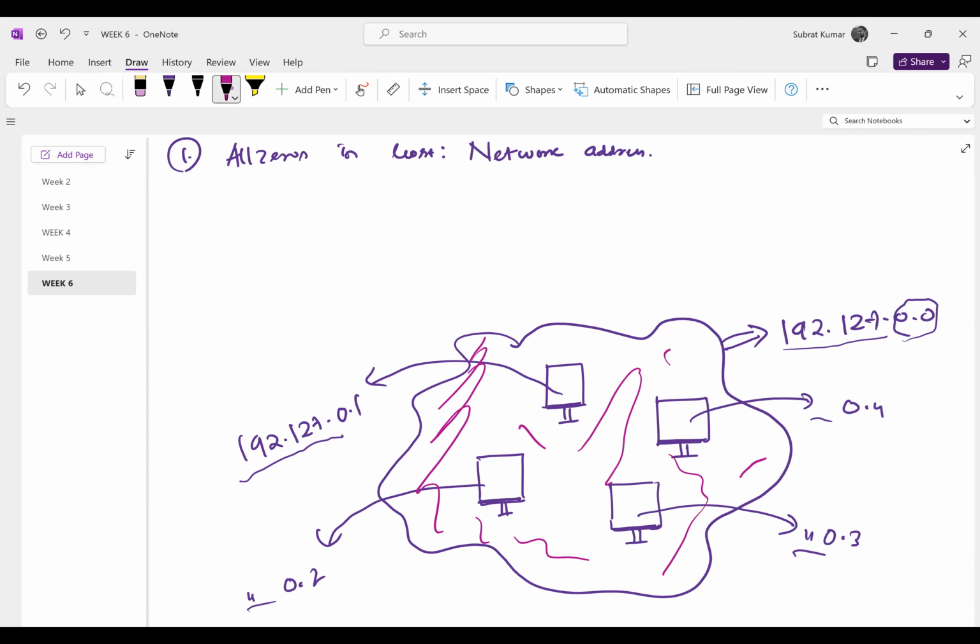So this all-zeros host part is reserved for the network address, and it cannot be used to represent any host.